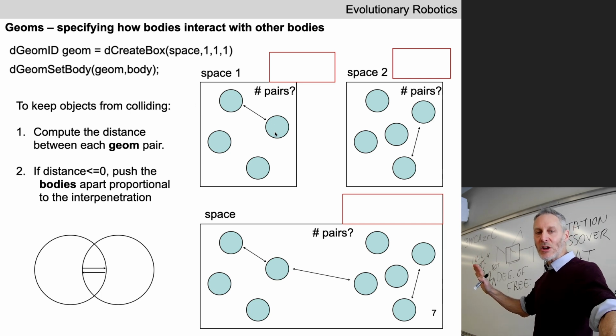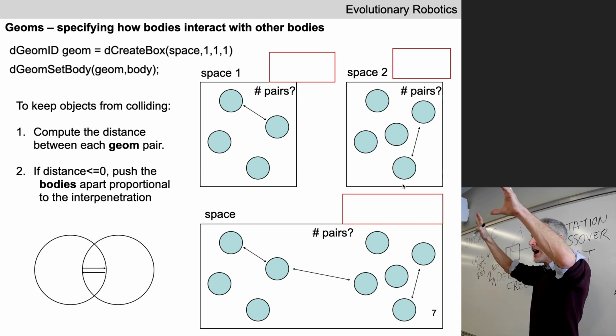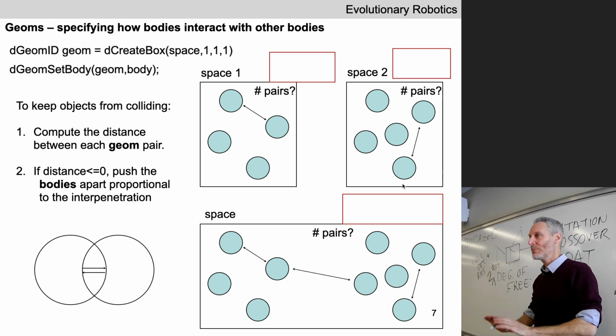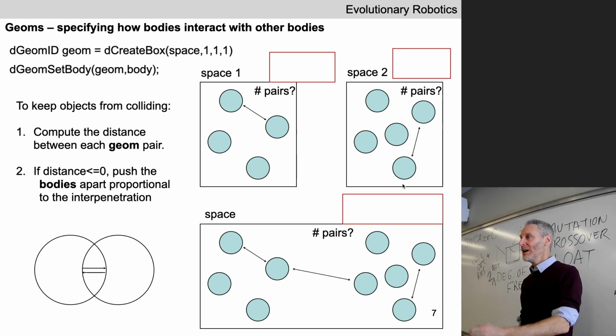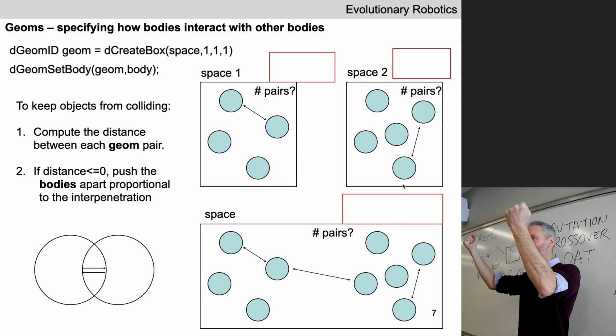Let's imagine that I start by dropping 1, 2, 3, 4, 5, 6, 7, 8, 9 spheres at some distance above the ground plane. So I'm creating a different physical simulation in this case. We're dealing with spheres. For spheres, collision detection is pretty easy. If I have the position and the radius of an object and a position and radius of the other object, how do I know if they're in collision or not?